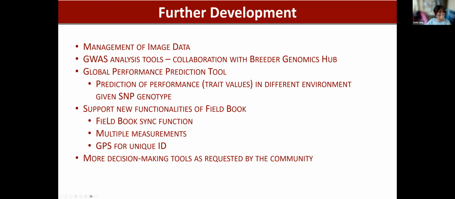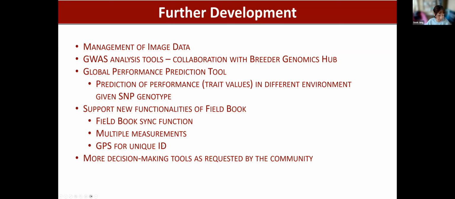They are also working on the Field Book multiple measurement; the beta version is already in. After this image functionality is done, we will be working on allowing storing the multiple measurements in BIMS. And then also the GPS for unique IDs.